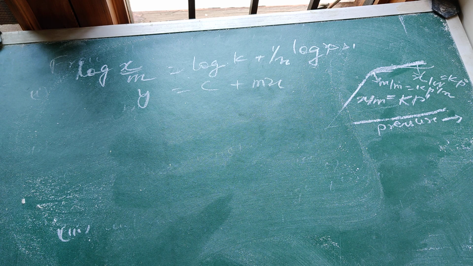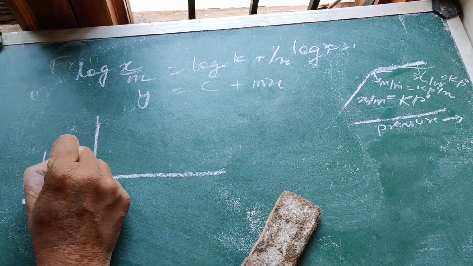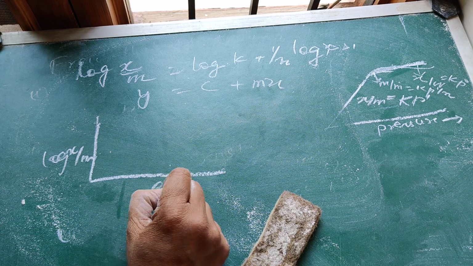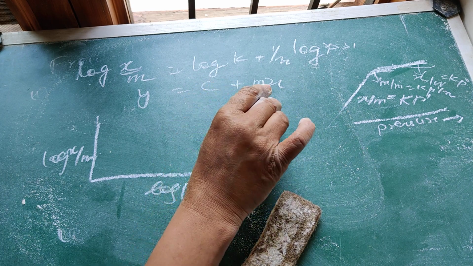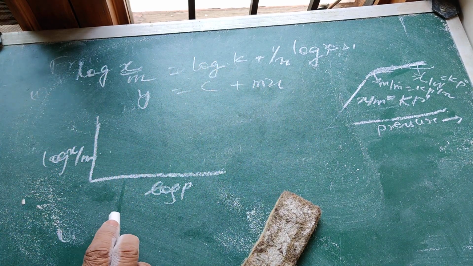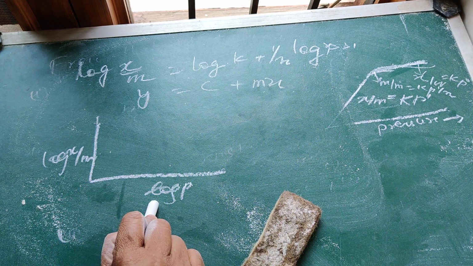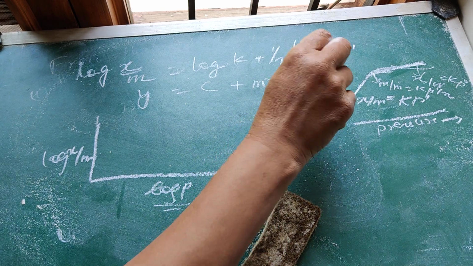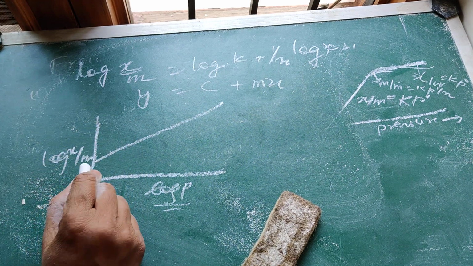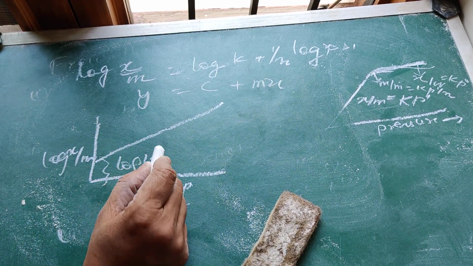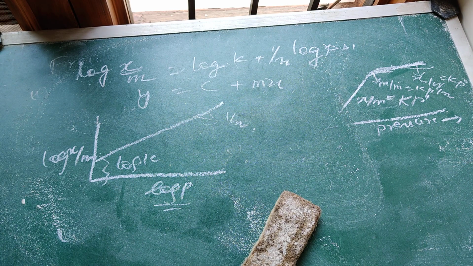If you draw the graph between log x by m and log P, where log x by m is y and log P is x, you'll get a straight line, where the intercept will give log k and the slope will give 1 upon n.